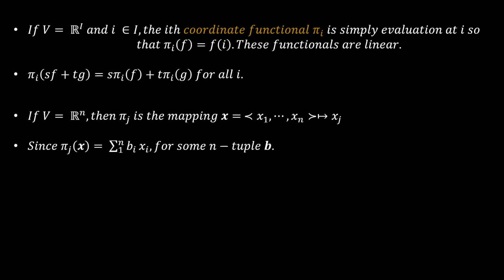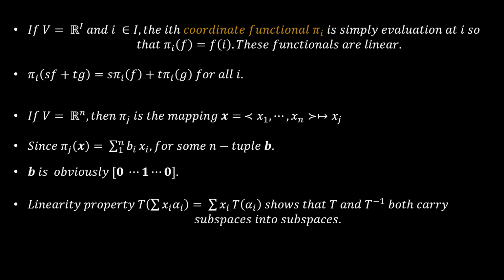for some n-tuple b, which is just a combination of real numbers, then we can obviously see that b is just a 0 and 1 at the jth term, right?